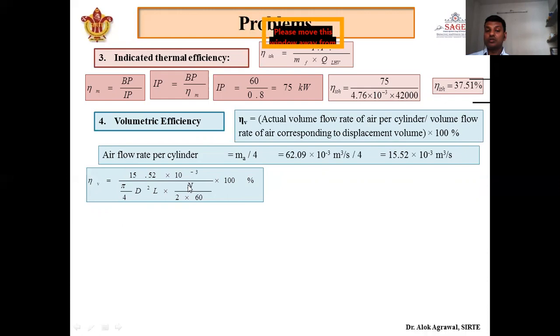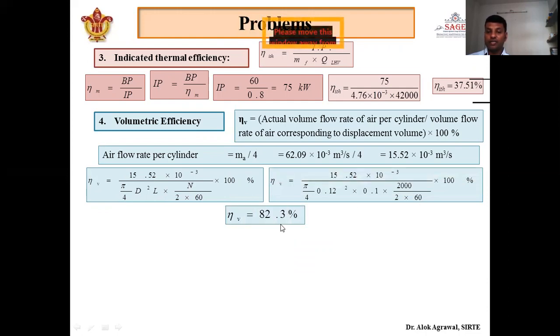This is a 4-stroke engine, so we put N by 2. If it was a 2-stroke engine, we would just put N. We divide by 60 to convert from minute to second, because N is given in RPM, revolutions per minute. So the complete thing we get is per second. By substituting all the values of D, L and N, we get volumetric efficiency as 82.3%.